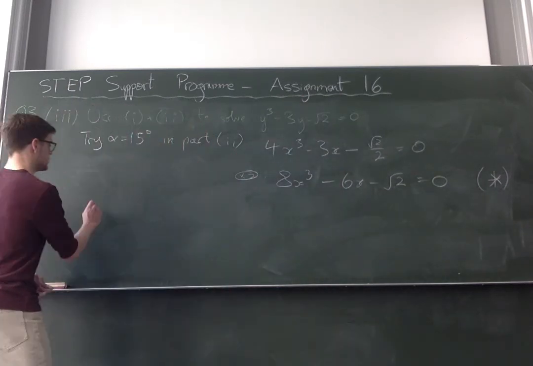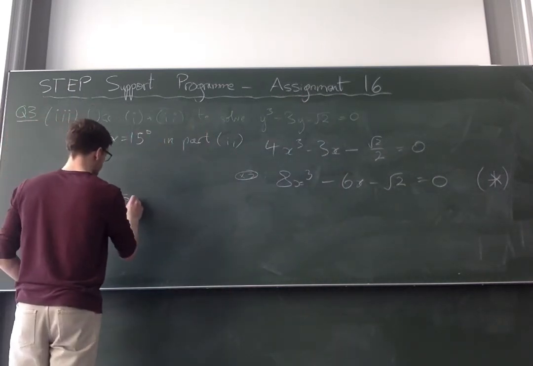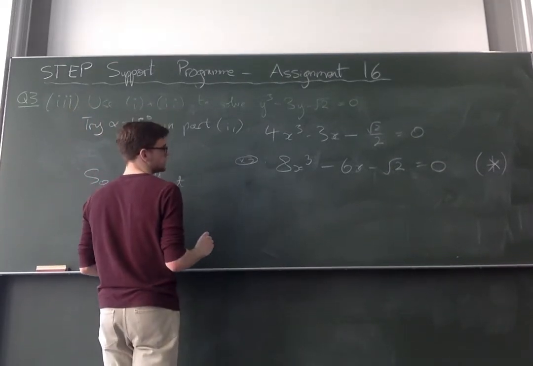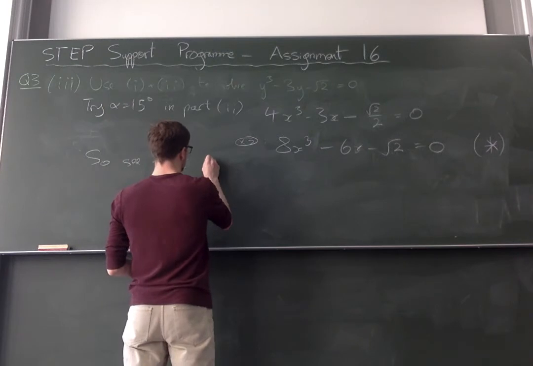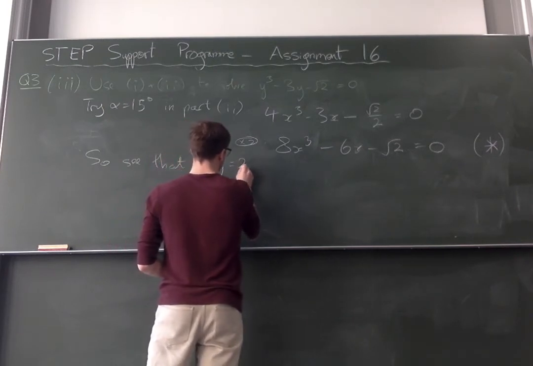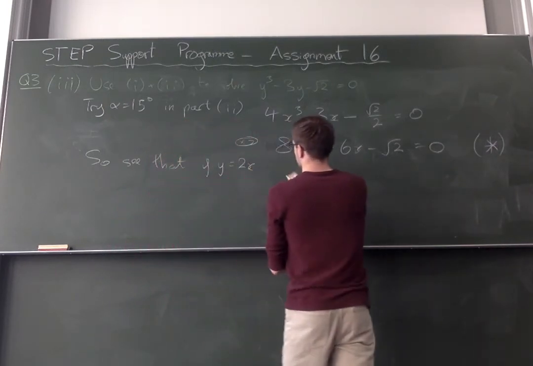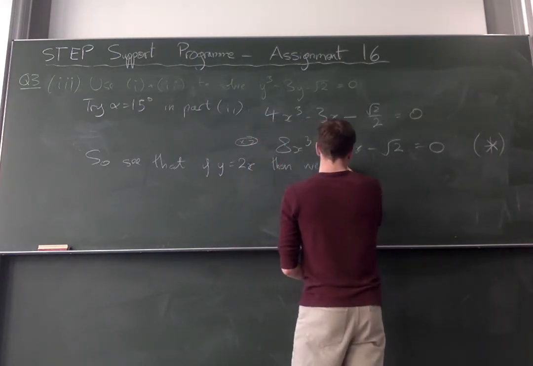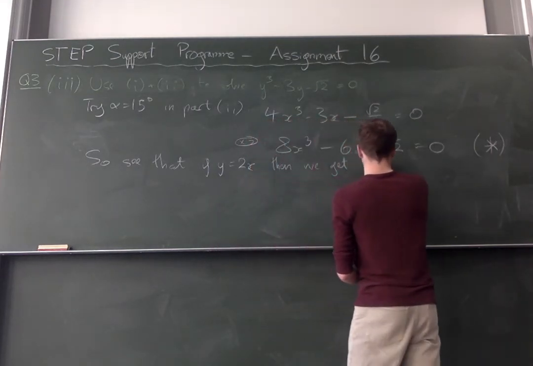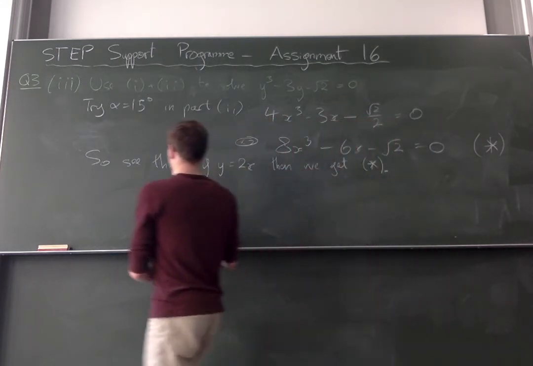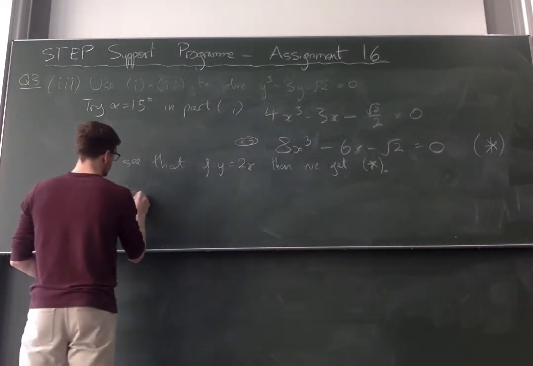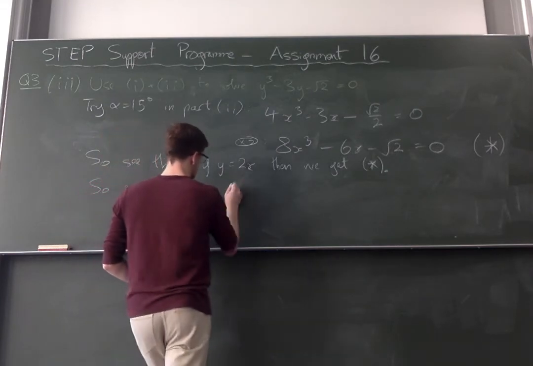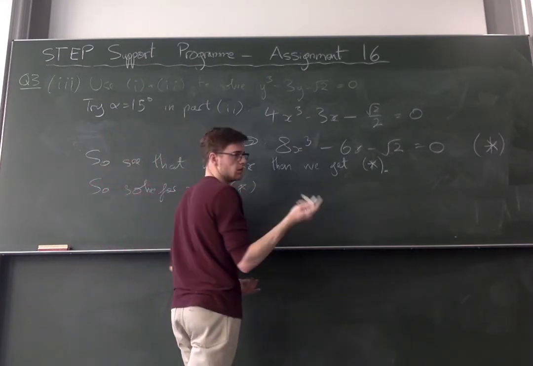Okay, so see that if y equals 2x, then you get star. Okay, so we'll solve for x in star and then multiply by 2.